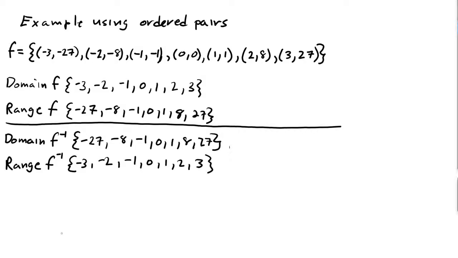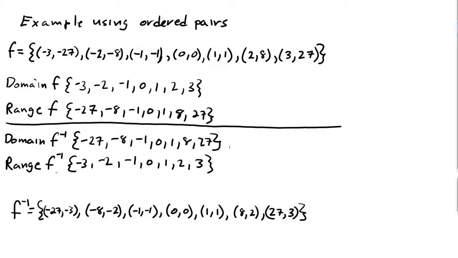Now I can construct f inverse just by pairing up the x and y coordinates, just like I had up here, and I will get this. So this is f up here, this is f inverse down here.